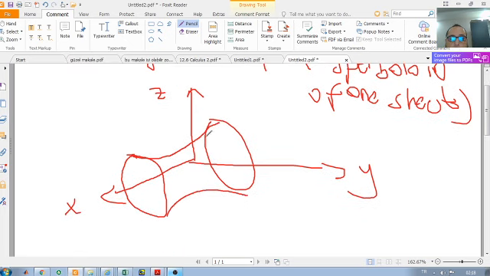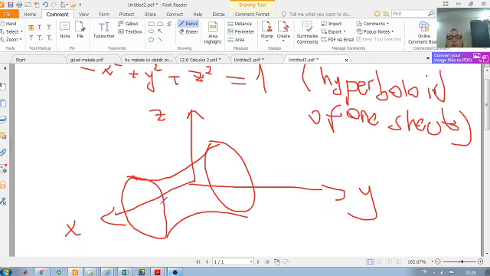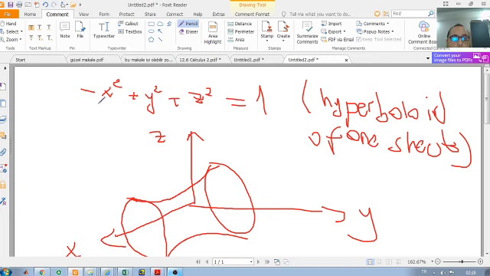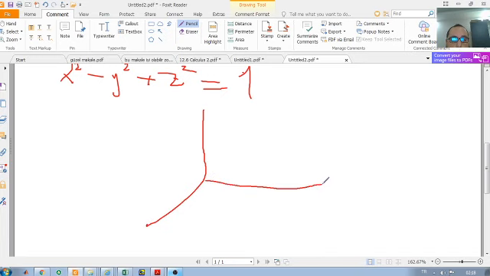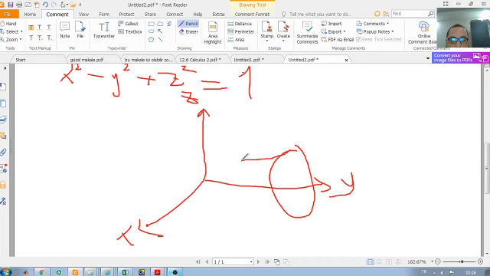Actually, we have a horizontal hyperboloid of one sheet, since we have minus for the coefficient of x squared. Similarly, if you write x squared minus y squared plus z squared is equal to 1, its graph should be x-axis, y-axis, z-axis in this form.